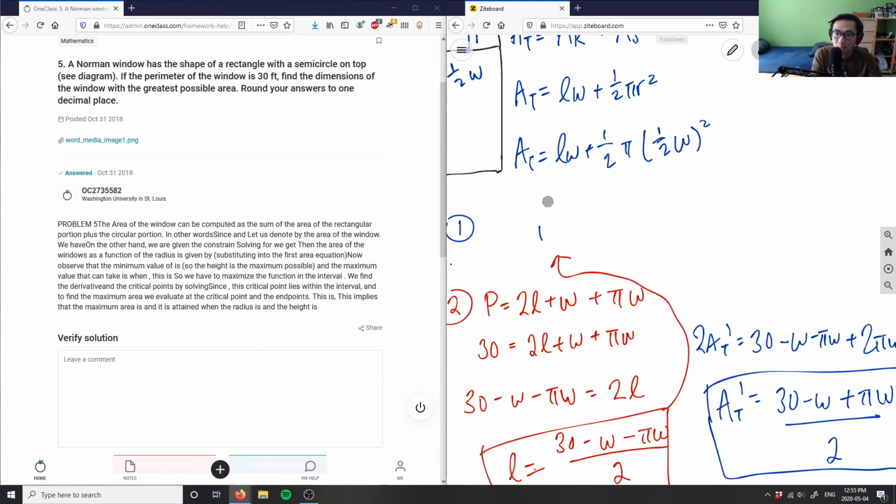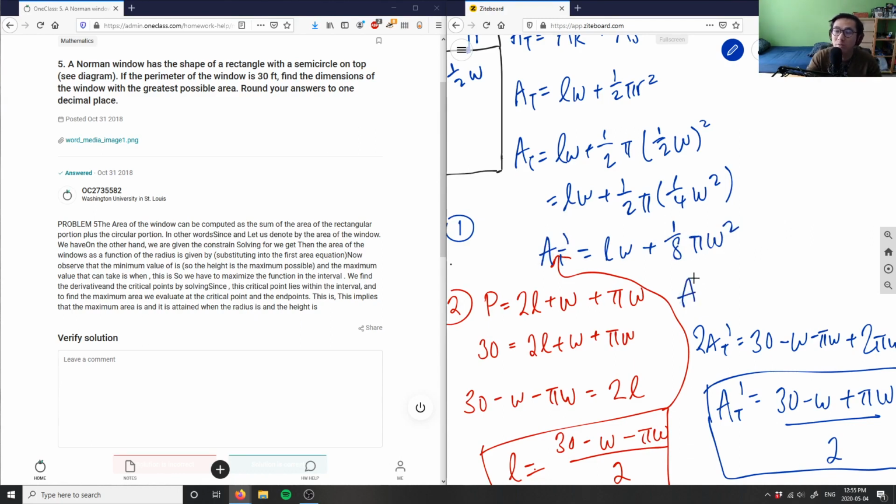So this equals LW plus half of pi times half w squared. Half w times half is 1 quarter w squared, right? So I can do LW plus half times 1 quarter, which is simply 1/8 of pi w squared. This would be my new A.